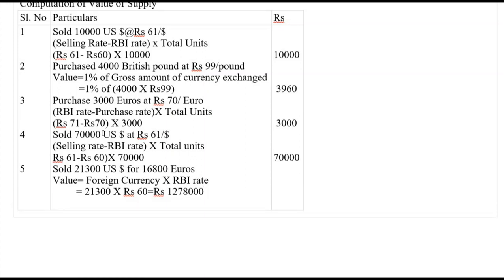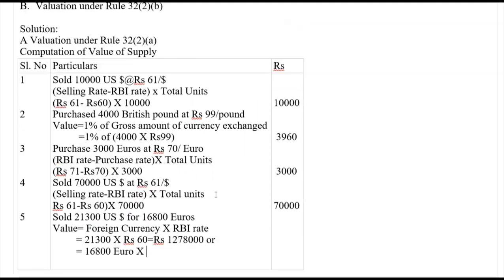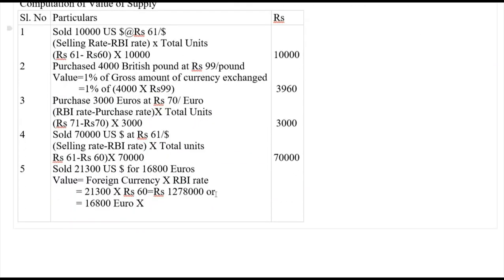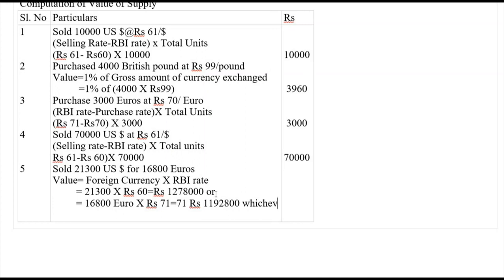Then similarly, the euros sold here are 16,800 euros multiplied by rupees 71, the RBI reference rate, which equals 16,800 multiplied by 71, which equals rupees 11,92,800, whichever is less.